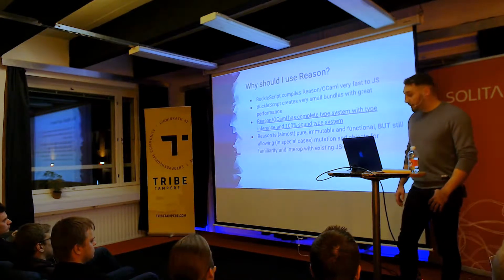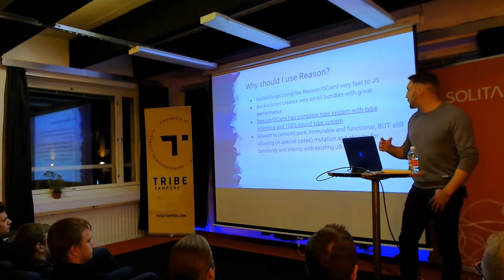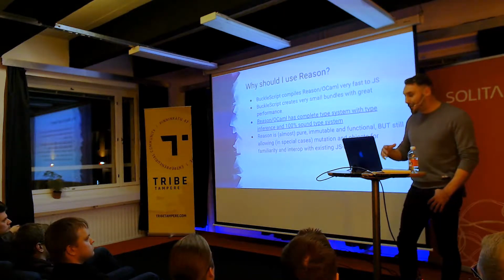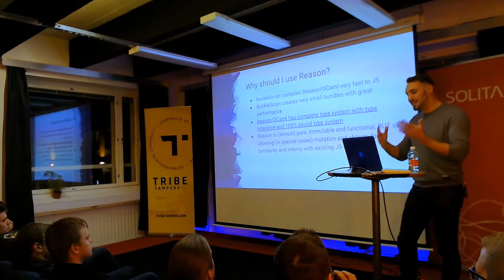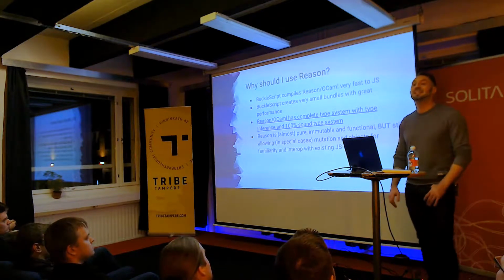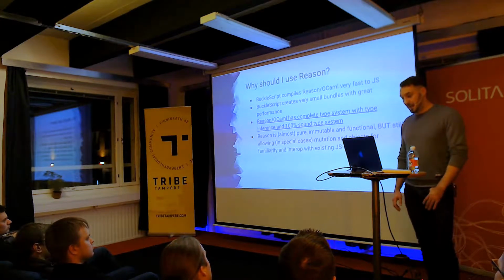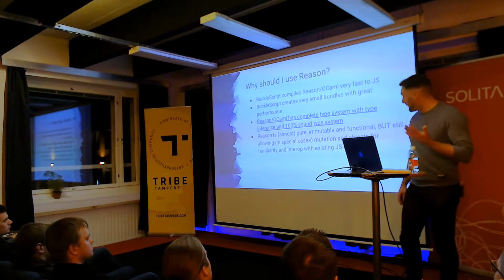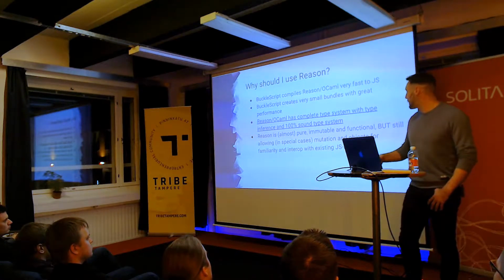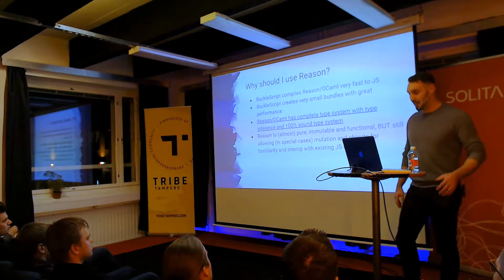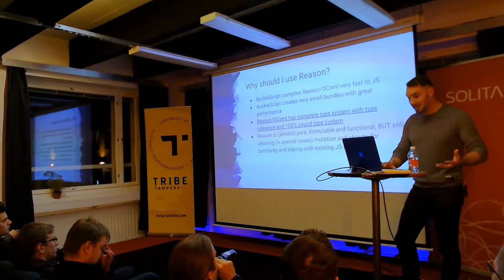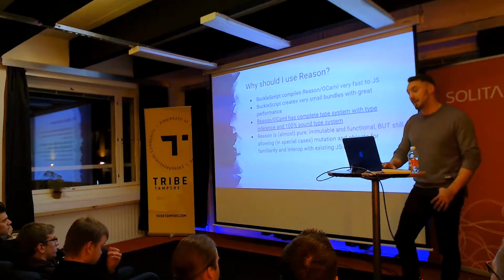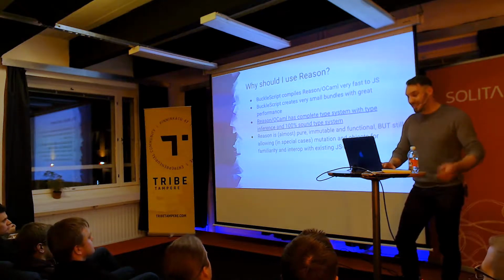And it's a 100% sound type system, so it means that once it compiles, the types are guaranteed to be accurate. And Reason is pure, at least almost pure, immutable and functional, but still in special cases allowing mutation and objects for familiarity and interop with existing JS libraries.